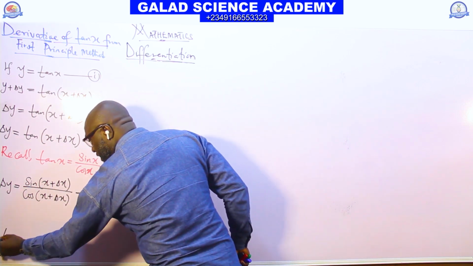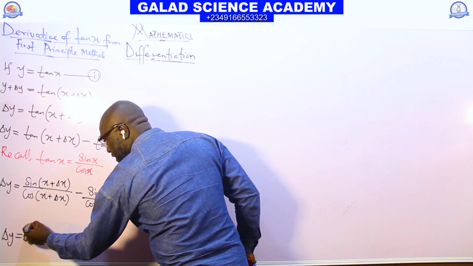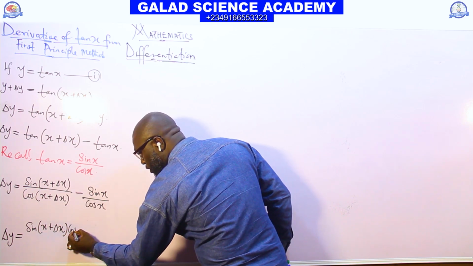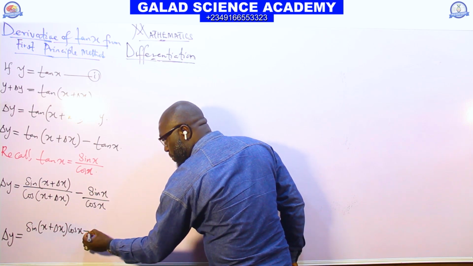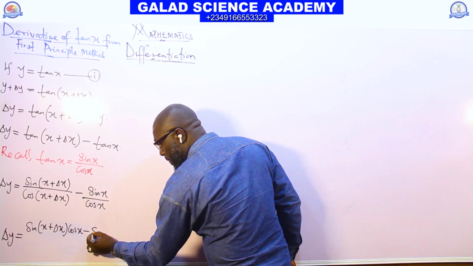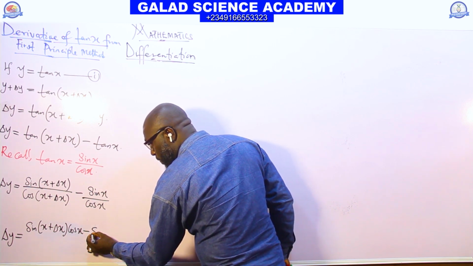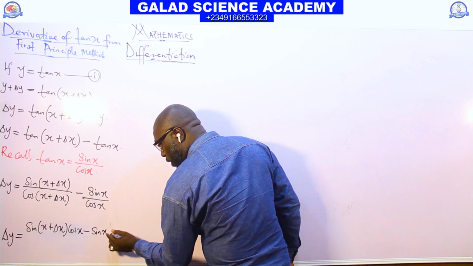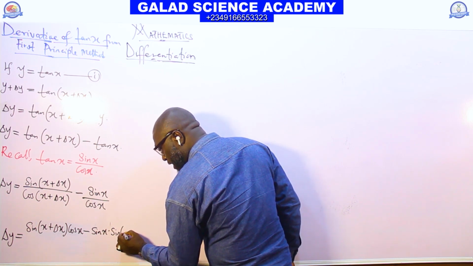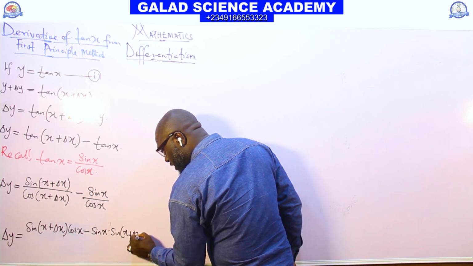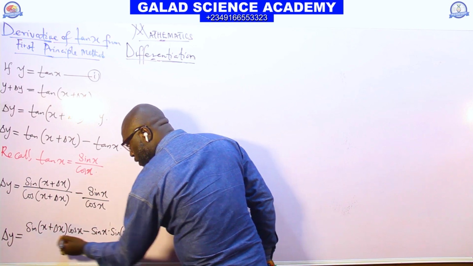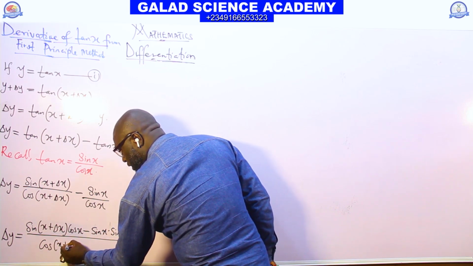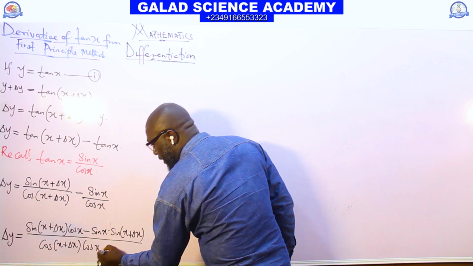By applying normal fraction, the change in y will give us sine of x plus change in x times cos x, minus sine x times cos of x plus change in x, everything over the two denominators here, cos of x plus change in x times cos x.